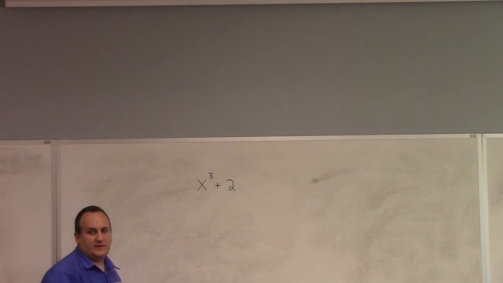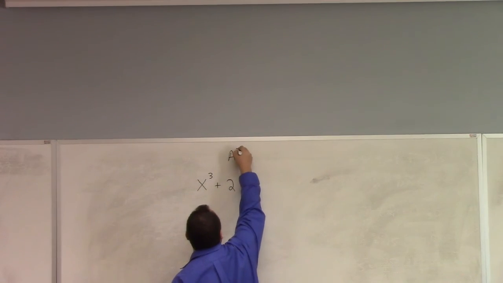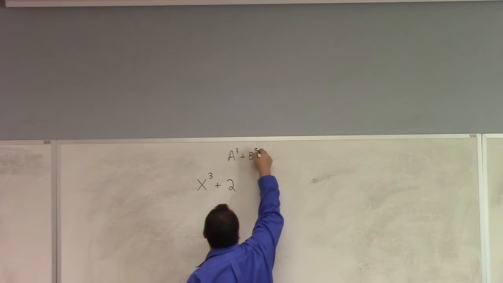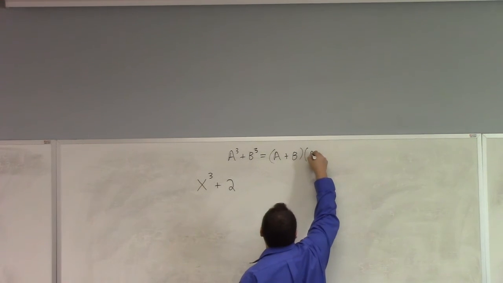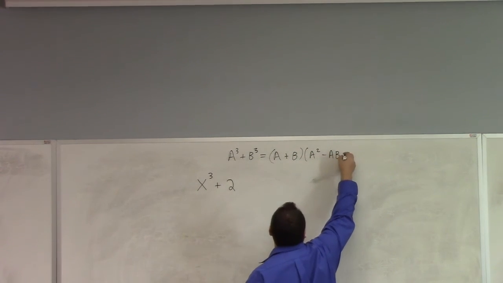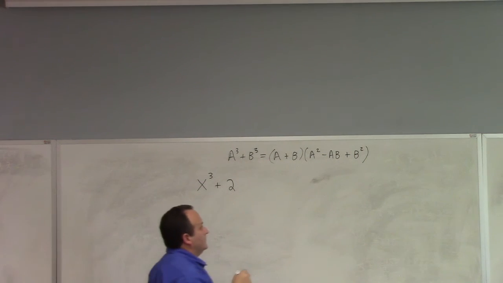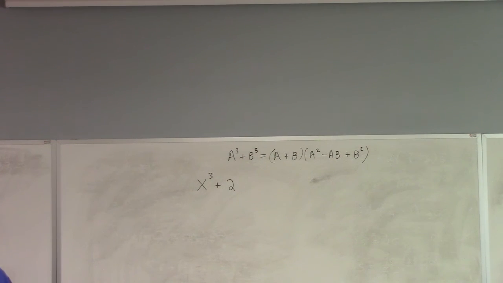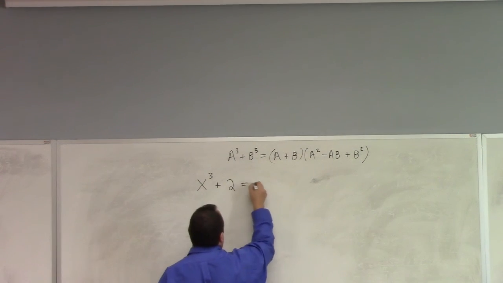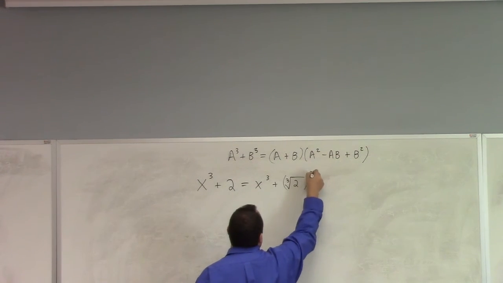So how would we factor x cubed plus 2? Do you guys remember the formula? a cubed plus b cubed is what? a plus b, I think it is, times a squared minus ab plus b squared, if I remember right. That should be on your formula sheet from test 1, yeah? So if we think about that, we can factor this, because what we could do is rewrite this as x cubed plus the cube root of 2 cubed.